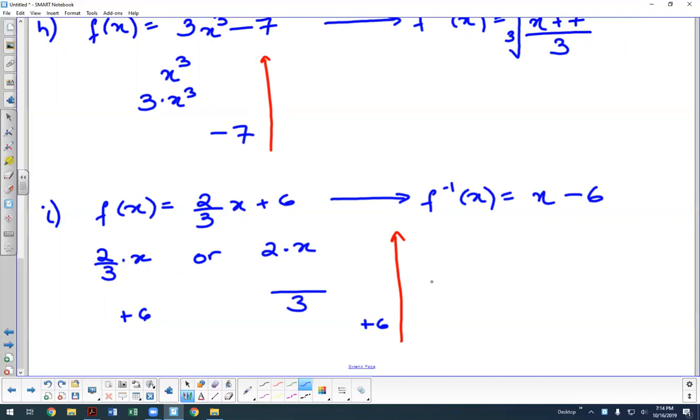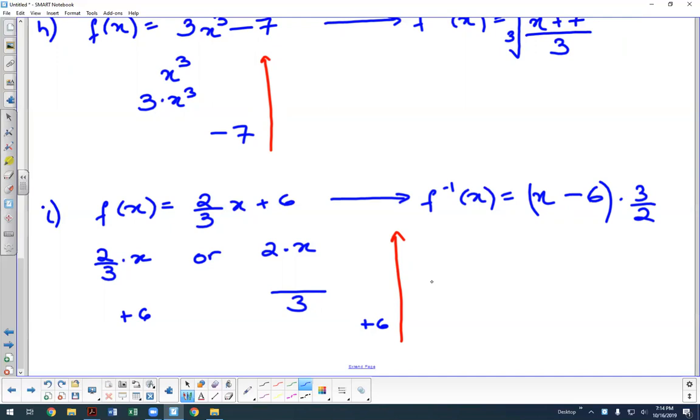And then if you're looking at it as 2/3 is being multiplied, remember that means you are actually multiplying by flipping that fraction, which takes care of 2 being multiplied in the first one becoming 2 being divided in the inverse. 3 being divided in the first one means 3 is being multiplied in the inverse. So you can do this if you're looking at this as 2 steps.